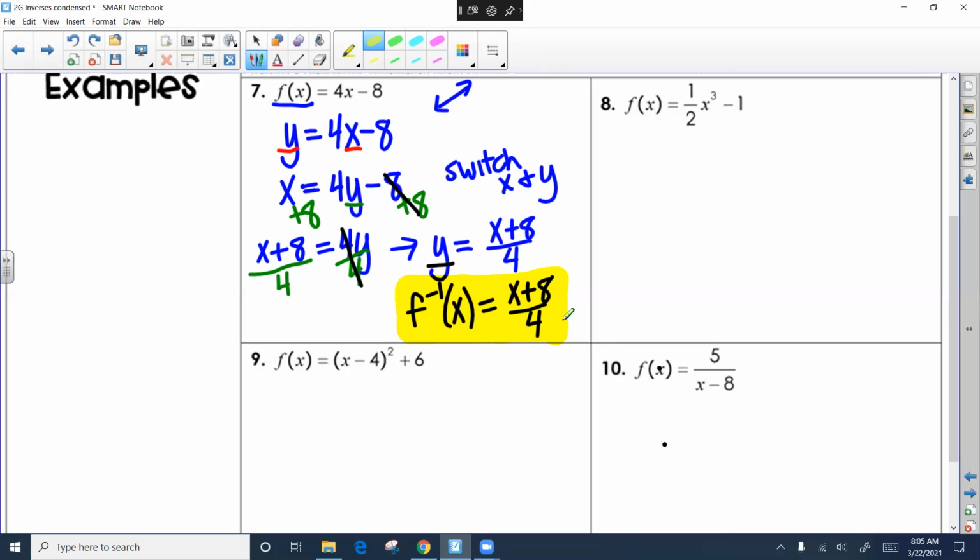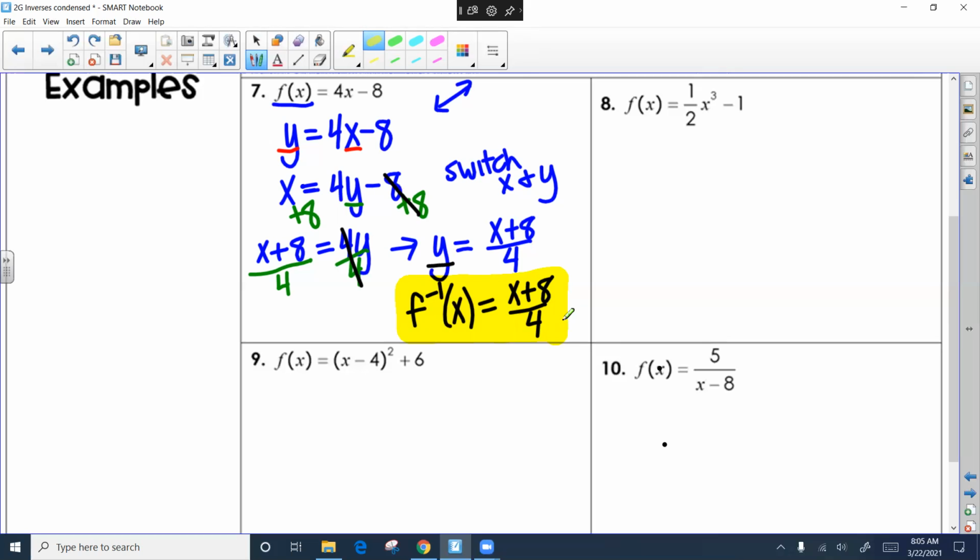You could leave it as a fraction, either x over 4 or 1/4 x, but 8 over 4 would divide to give us a 2. So you could also write it like this. You can simplify or you can leave it as a fraction. They're both the same thing.